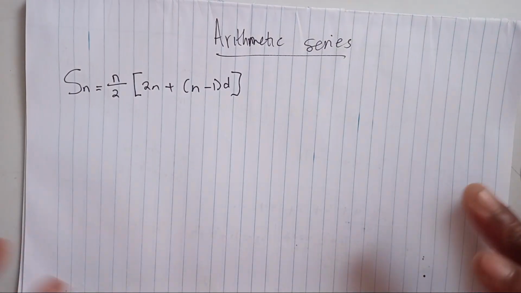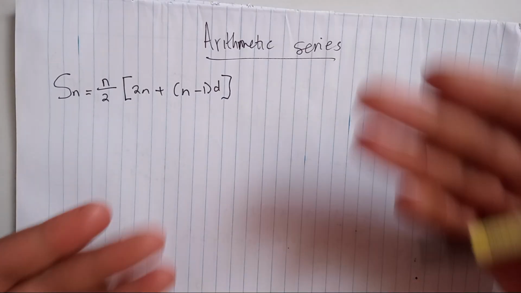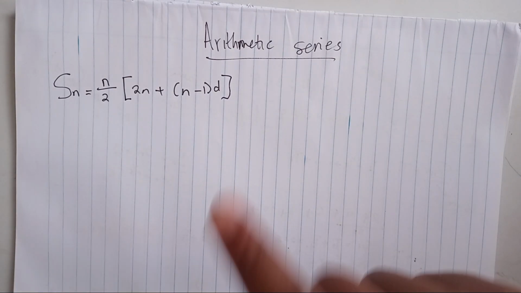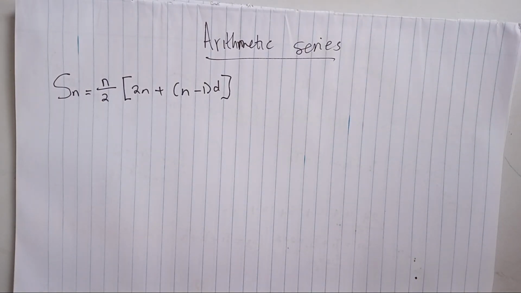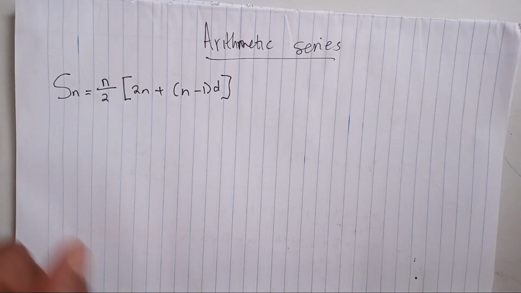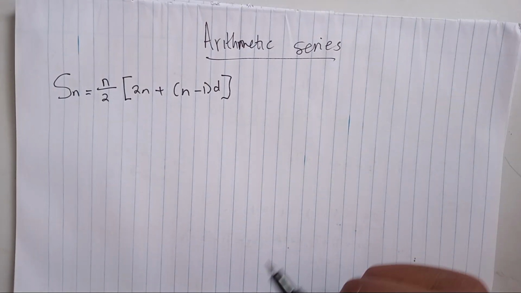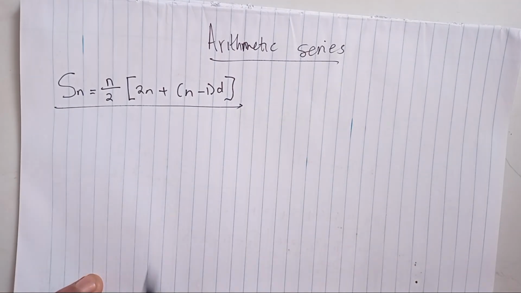It's normally there on the formula sheet. Guys, you have to know it, and you have to know how to prove it. I made a video showing how to prove this formula and the other one for geometric series. So you have to know this formula by heart and also know how to prove it, because you might find in your examination that they say you must prove it. So this is the formula that we will be considering.